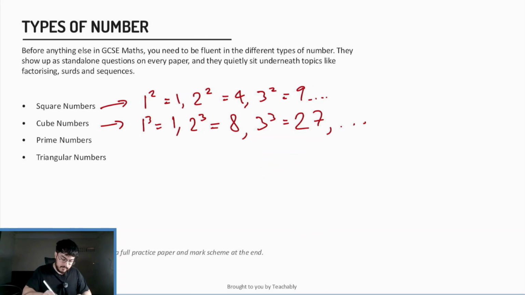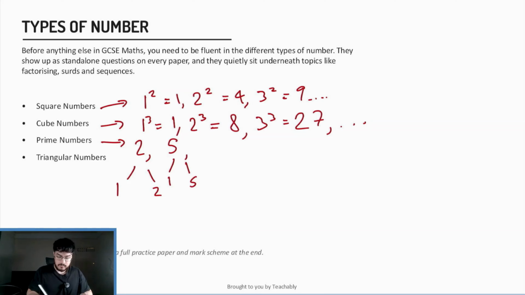And then if we look at the prime numbers, they are numbers that can only be divided by the number 1 and itself. You have many examples of this. We can call 2 a prime number because the only factors of 2 are 1 and 2, which is 1 and itself. We can also look at 5, because 5 is just 1 and itself.